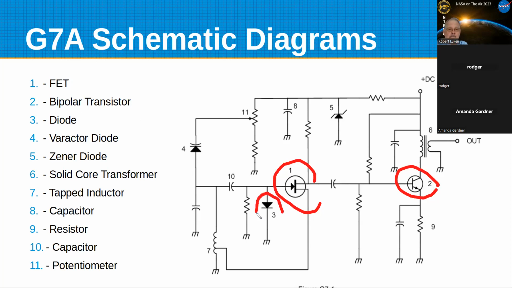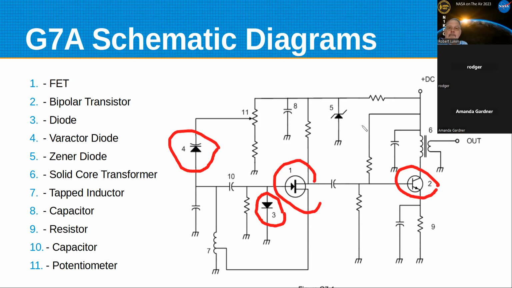This is a normal p-n junction diode. Then they threw in a varactor diode, which you probably haven't heard of, which turns out when you reverse bias a diode, it appears capacitive and it will change depending on the bias voltage. So you can use it as a voltage variable capacitor.